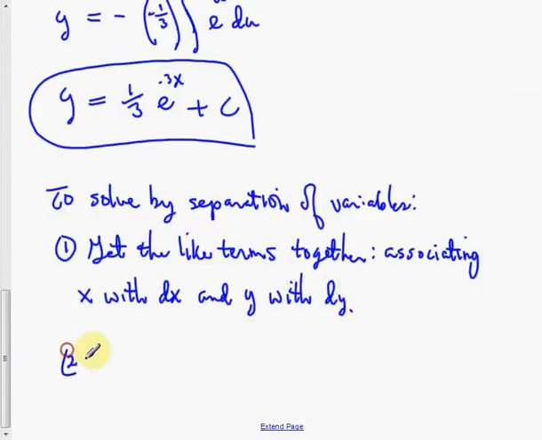And then number 2, integrate with respect to dx or with dy.